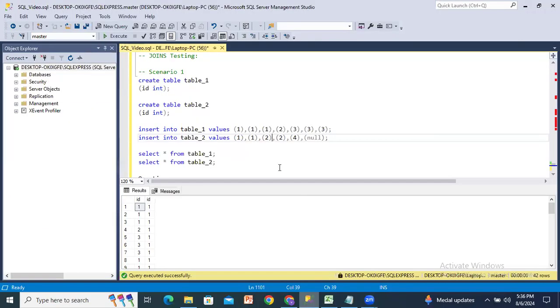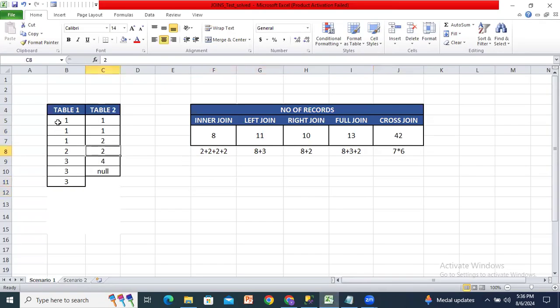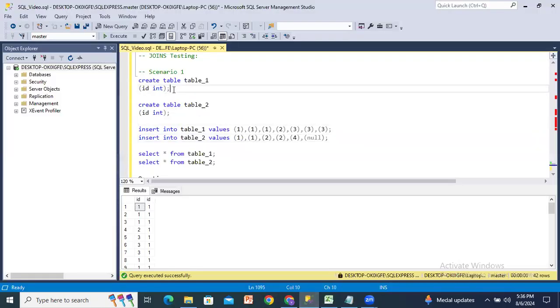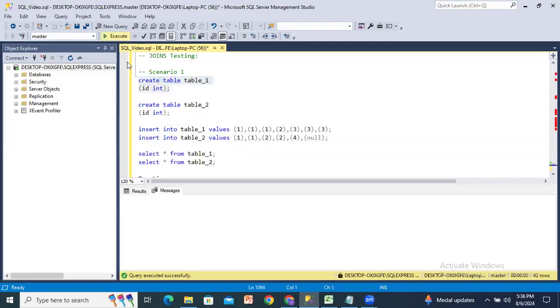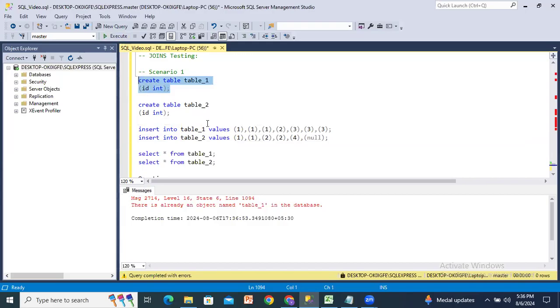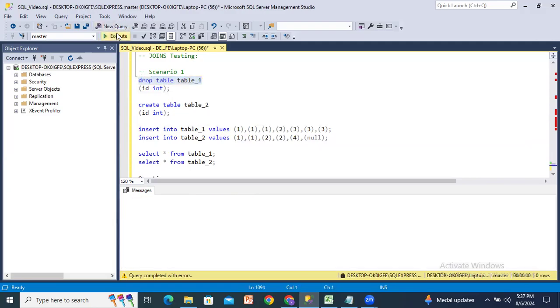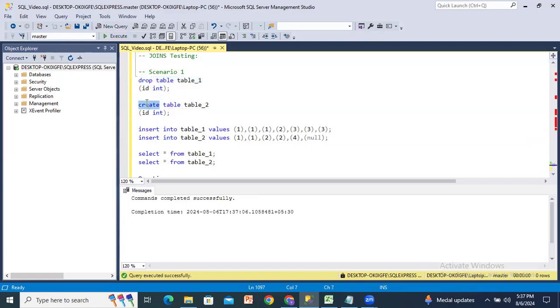Now we'll look into one example. The same example we'll check in SQL. I'm loading this same thing into SQL Server. First, create table 1. This is already available, so let's drop the table. Drop this one also.